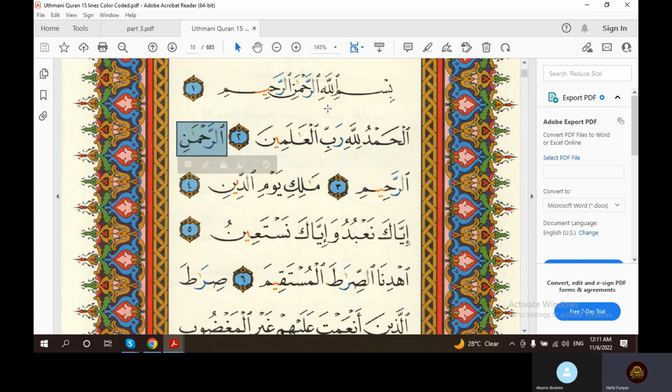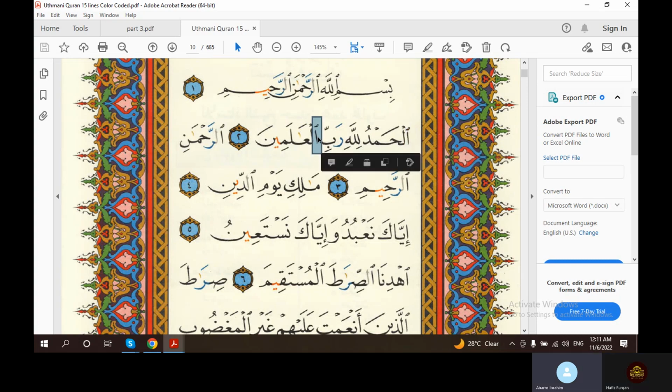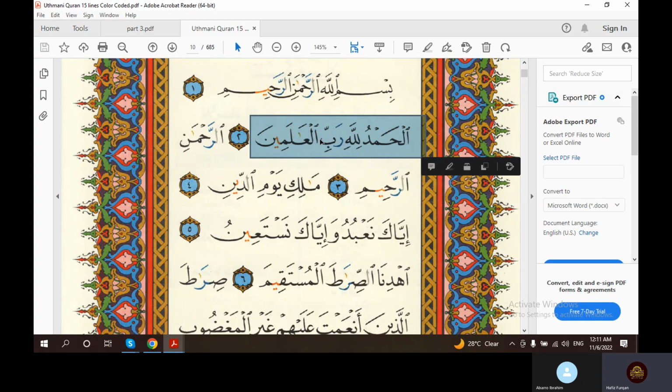So basically, we read Hamzatul Wasl in the beginning of the word, like this one. Do we read this one? No, we don't read it because it's in the middle of the words.